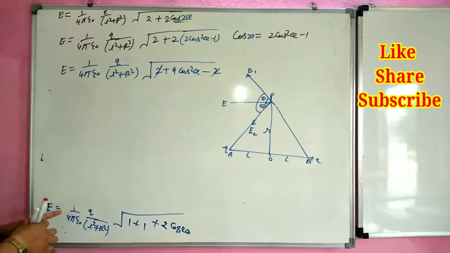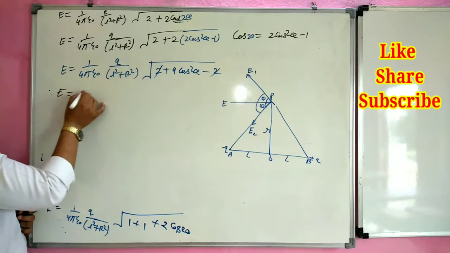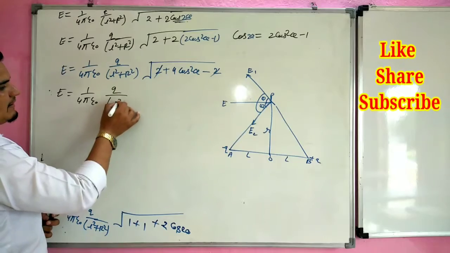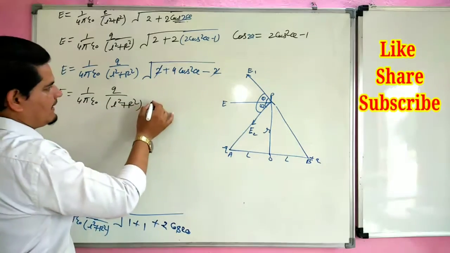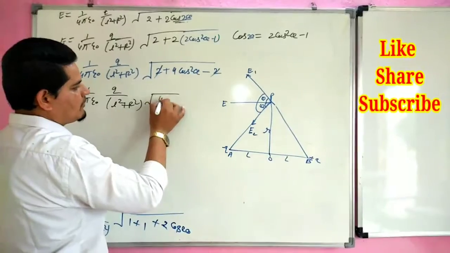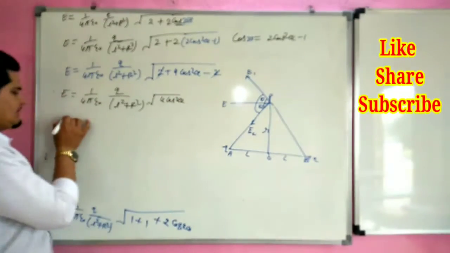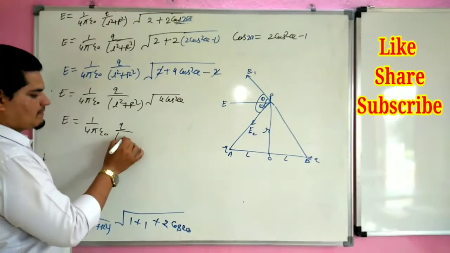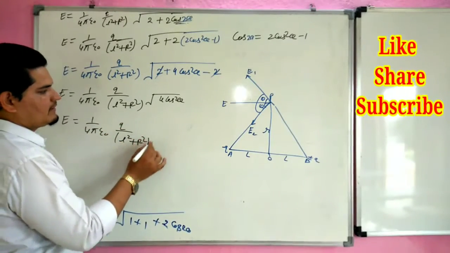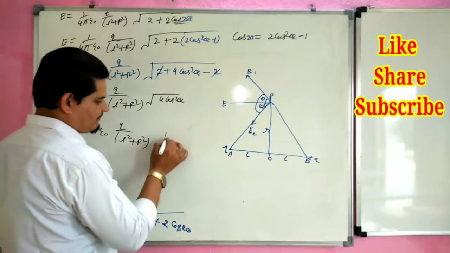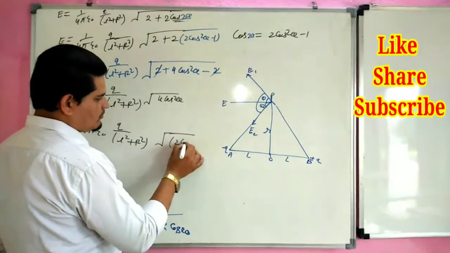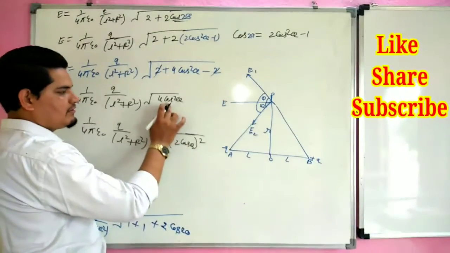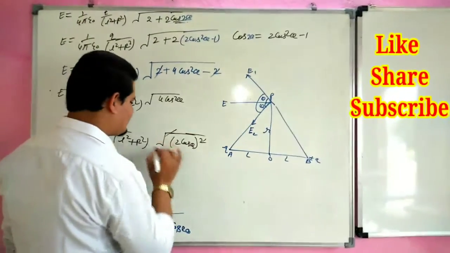Now E is equal to 1 upon 4 pi epsilon naught Q divided by (L square plus R square) and under root 4 cos square theta. 4 can be written as 2 square, so 2 cos theta whole square, because 4 is the square of 2 and cos is already squared. So the square can be cancelled by the root.